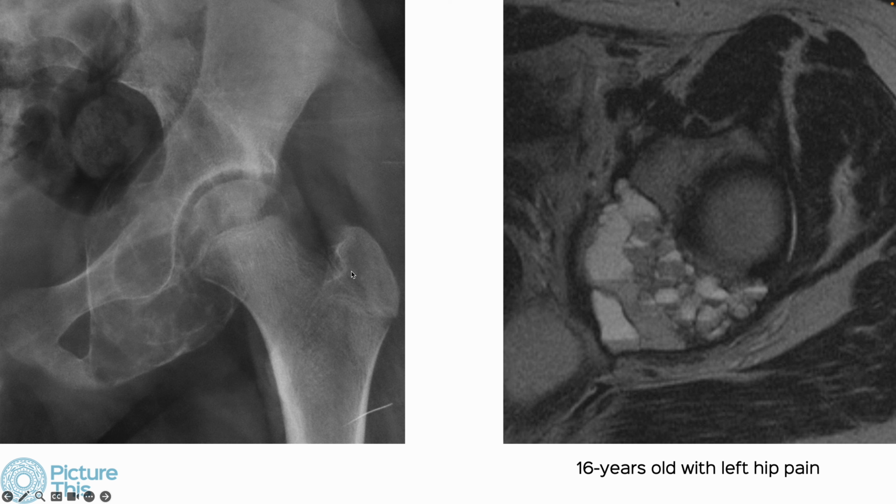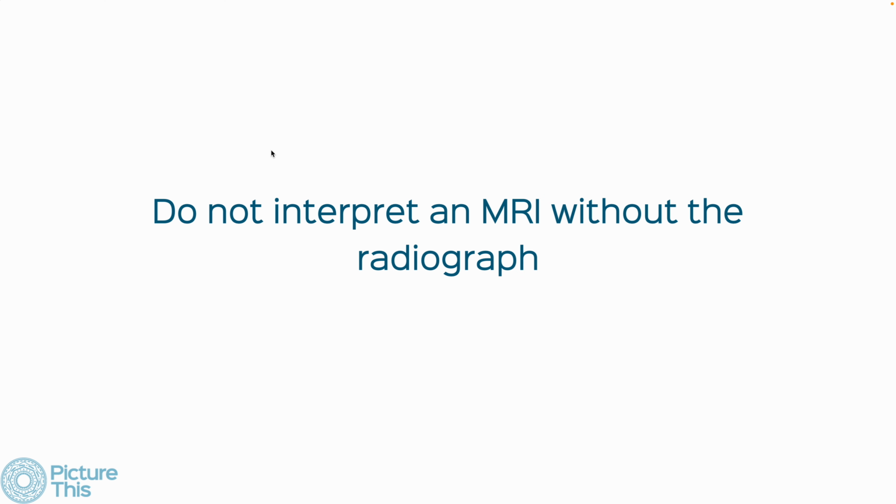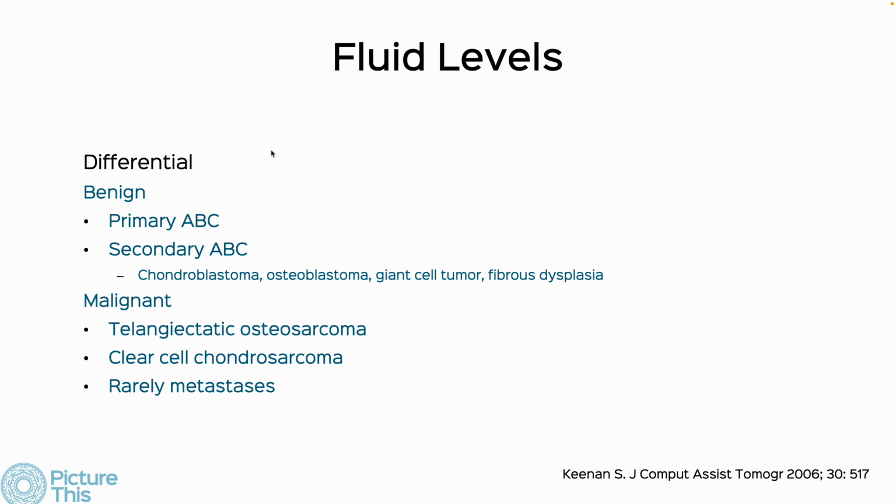On the other hand, we have fluid levels all across, and here is the lesion, sharp sclerotic rim, narrow zone of transition. This is an aneurysmal bone cyst. Do not interpret an MRI without the radiograph. That's the rule.